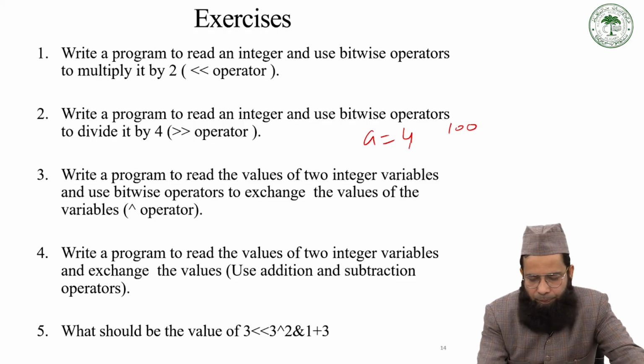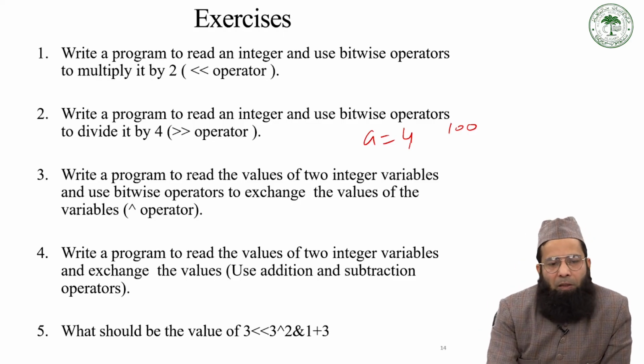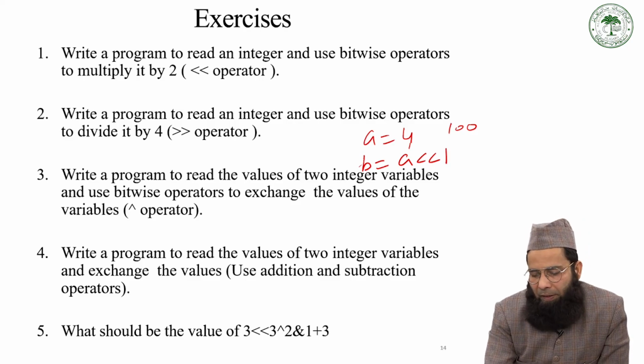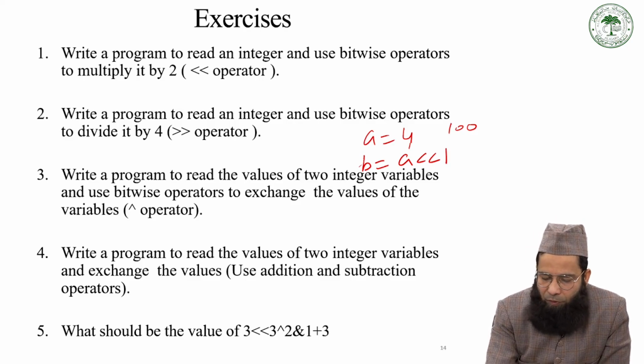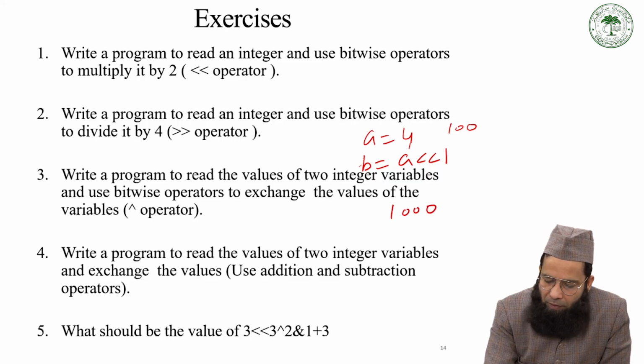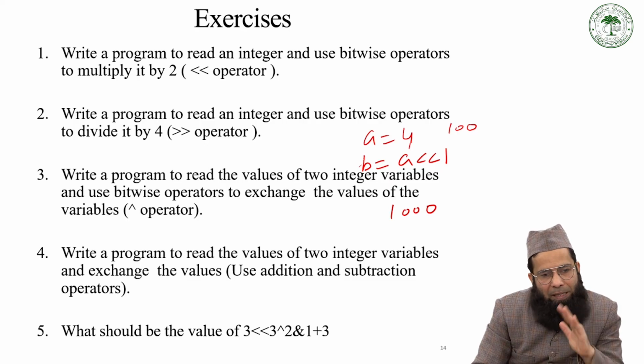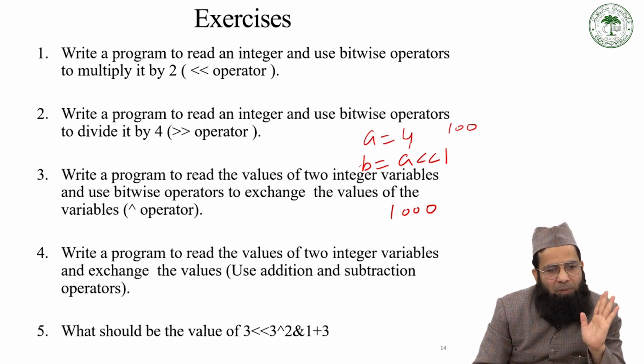If I store b is equal to a left shift 1, one left shift gives 1000, which is 8. So one left shift multiplies by 2. Two left shifts multiply by 4, and in the same manner.